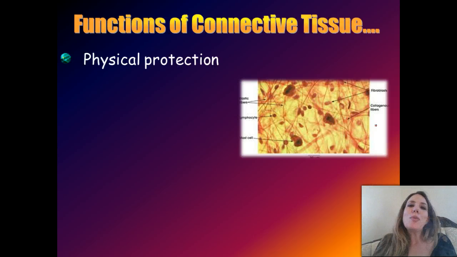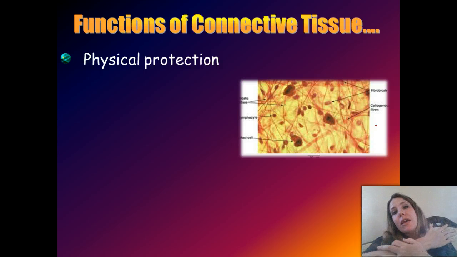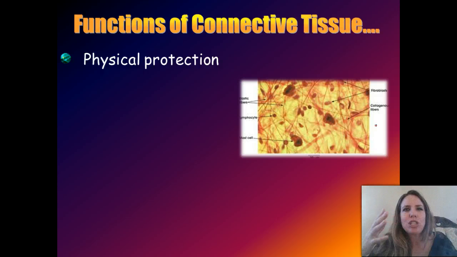But like so many things in our body, like the epithelial layers we were talking about before, connective tissue is a protective tissue. In many cases, it's providing physical protection. Now, whereas the epithelial layer, for example, on your skin is protecting you from the outside, your connective tissue is really providing internal protection.